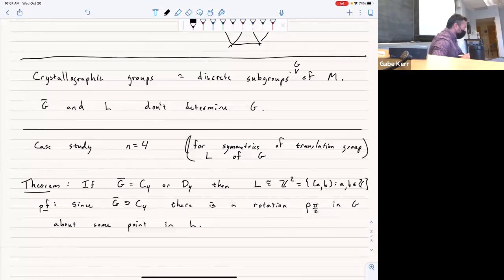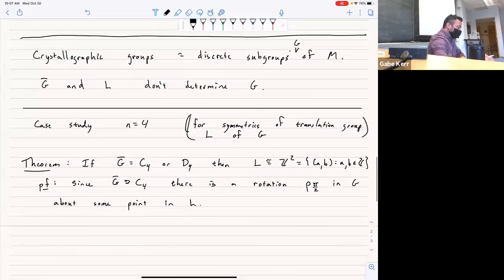And since it preserves L, that point should be, that's maybe an exercise. So let's shift our coordinates so that this is rotating about the origin. We can do that. We may assume.